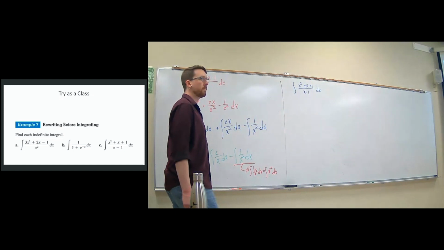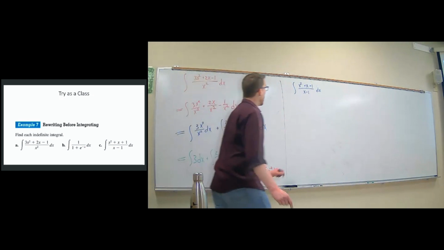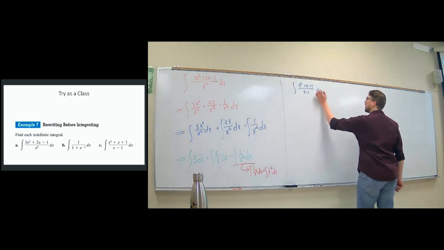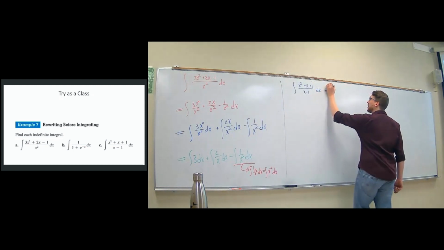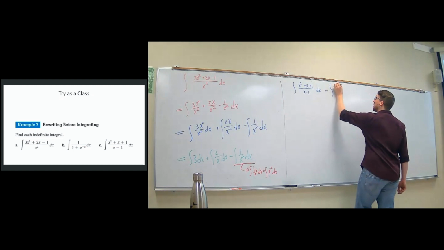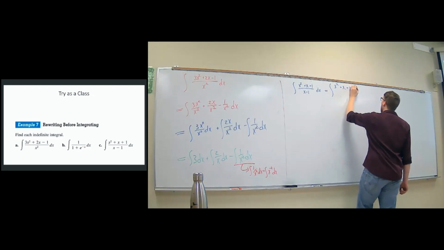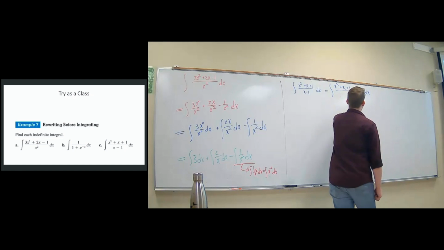I say we can. I say this thing can be rewritten as the integral of x squared plus x plus 1 plus x minus x, divided by x minus 1, dx. All I did here was add a 0.